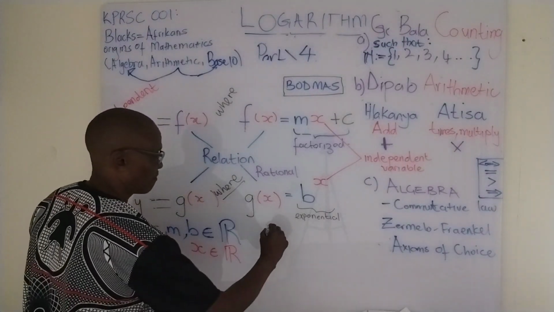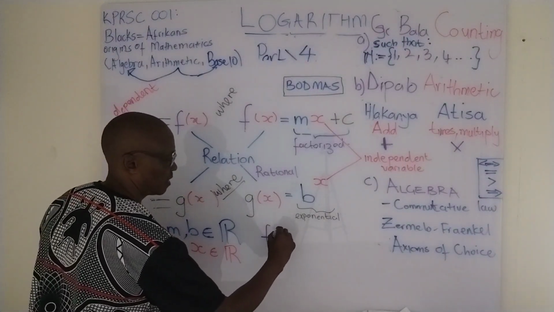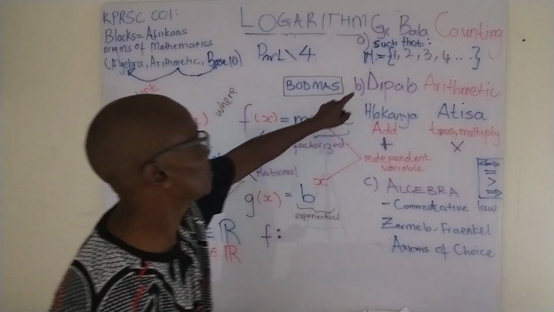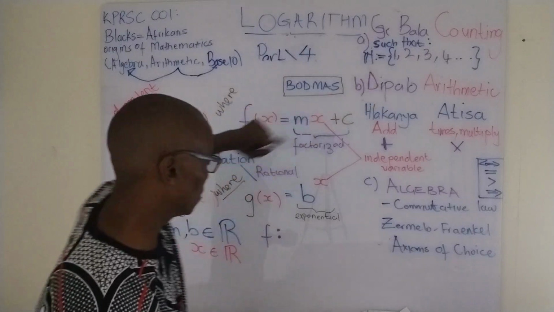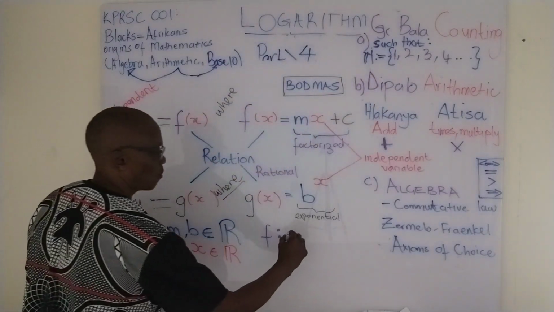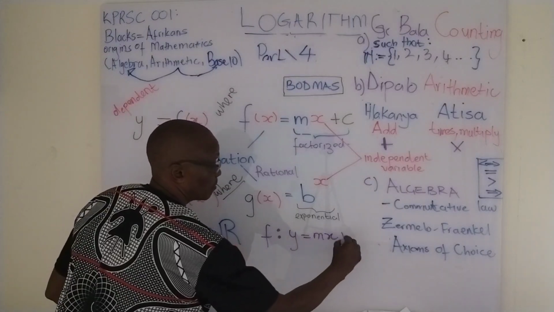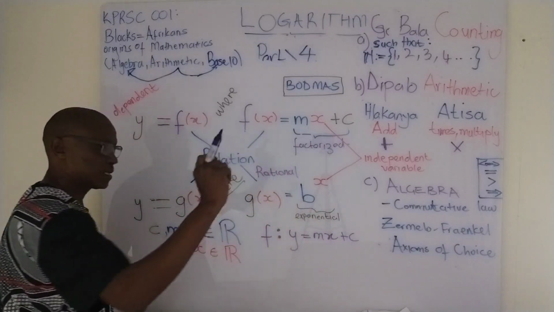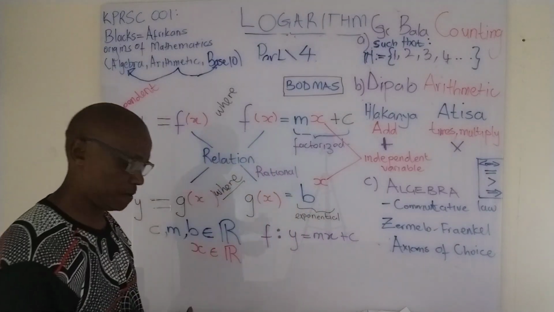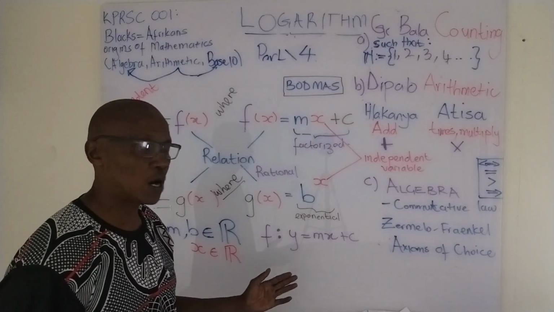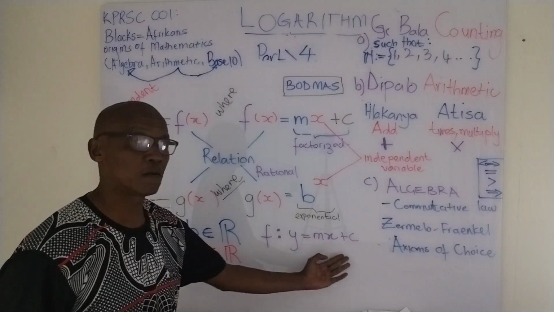It says f is such that, remember I promised you to tell you about this symbol, such that, the two dots, is such that y is equal to mx plus c. And I'm deliberately writing with one pen, one color. And I will ask you, so you see symbols here.